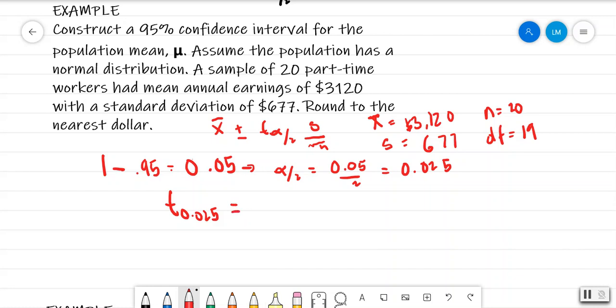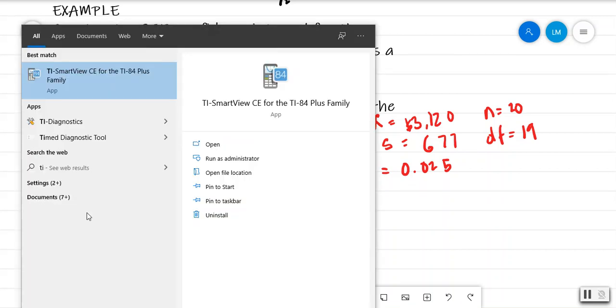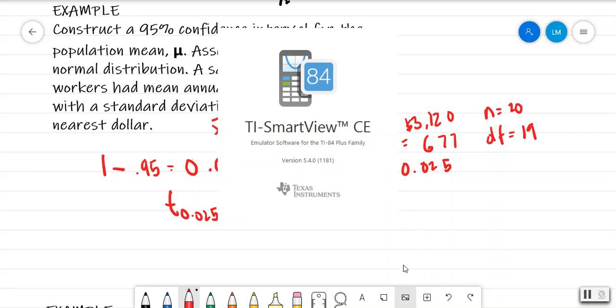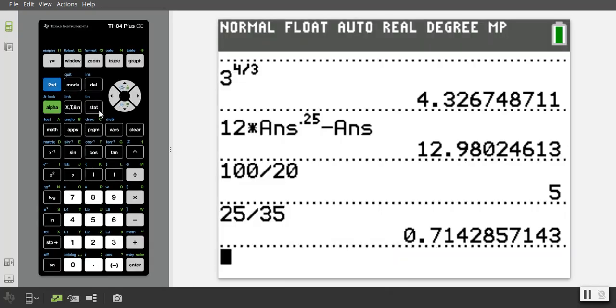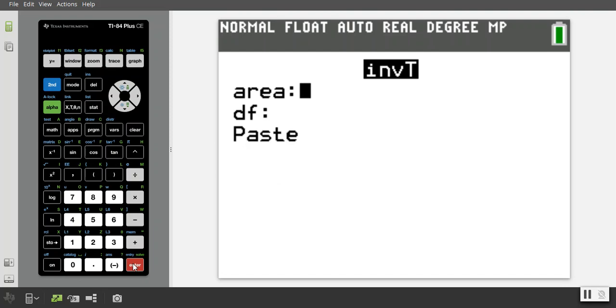So let's open up our TI-83, go to second vars, and use inverse t.